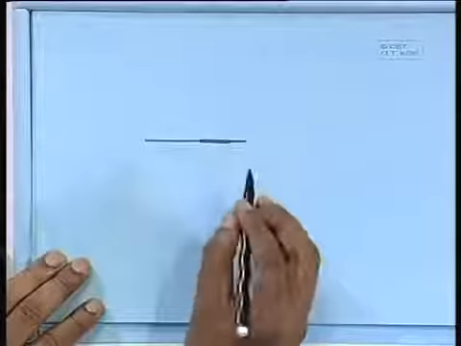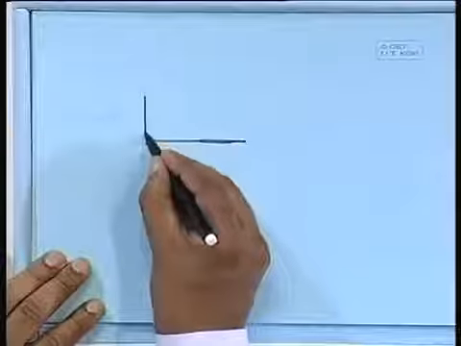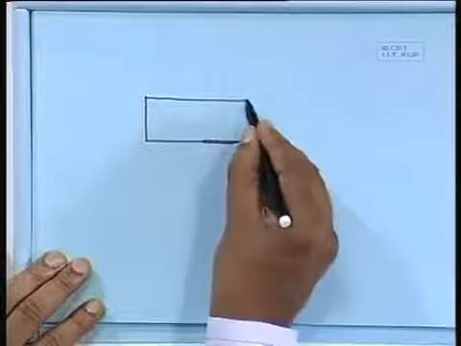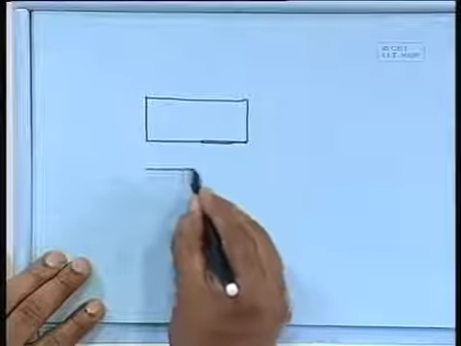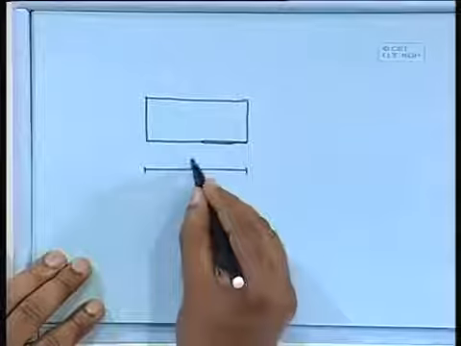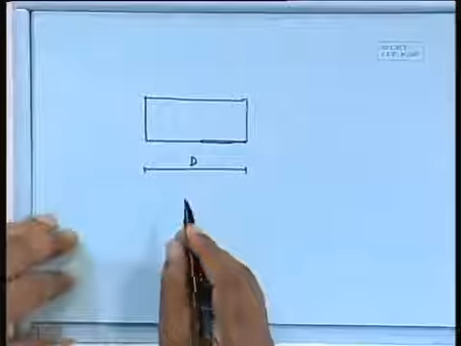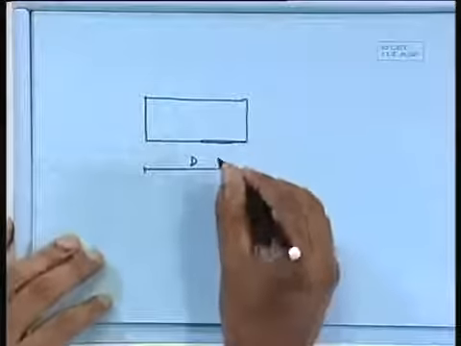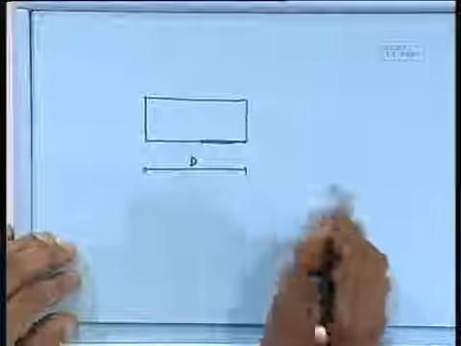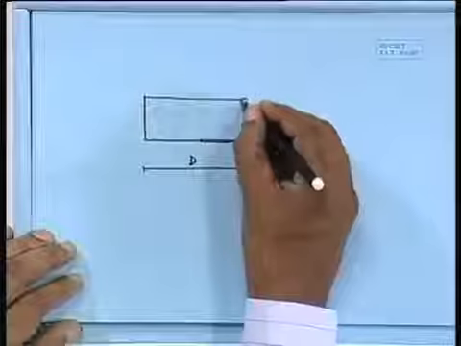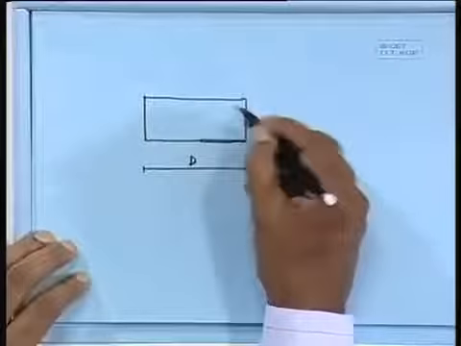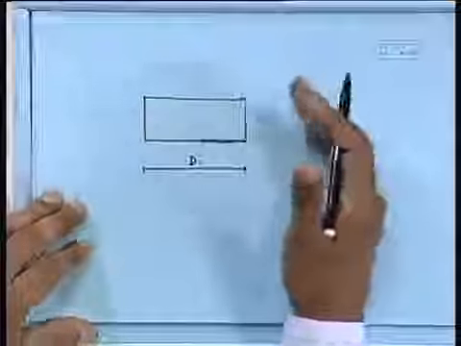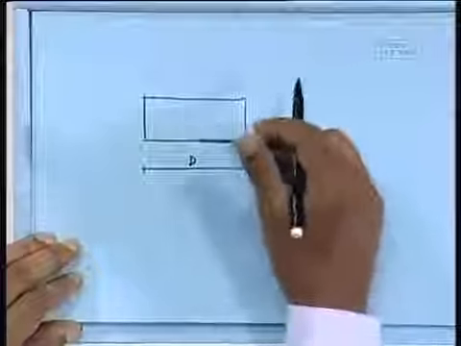If this is your section, let us say D, if this is your section D, what we can do, I think I shall tell you in the next class, because it will take some time.